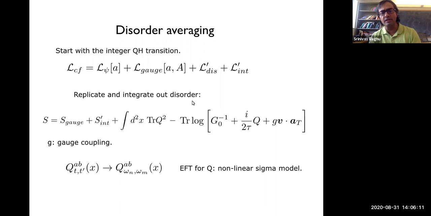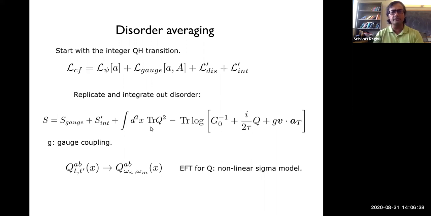And then there are these fields Q, which are perhaps unfamiliar to some of you. They are Hubbard-Stratonovich fields that are obtained after disorder averaging. Now this problem has a gauge coupling. This is where the fields Q couple, since the original gauge fields couple to the fermion. When we integrate out the fermion, we get this fermion trace log.